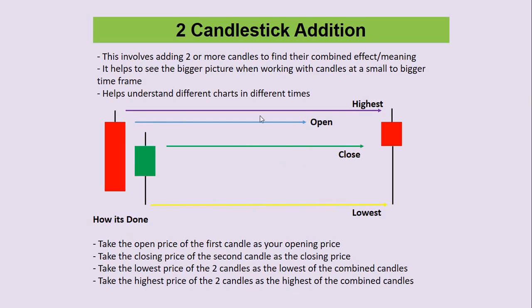So when we project these prices over to this new candle on the right side, your opening would be the one from the red candle, which is above, and your closing was below the opening of the first candle, so it means your price went down. So your closing price would be on the lower end. In this case, it's a red candle because your opening is at a higher price than your closing. So the price went down.